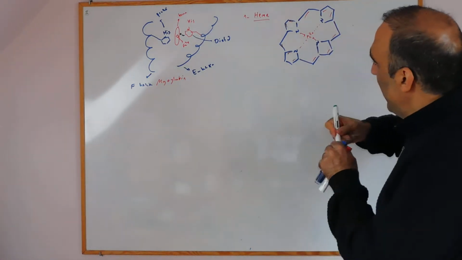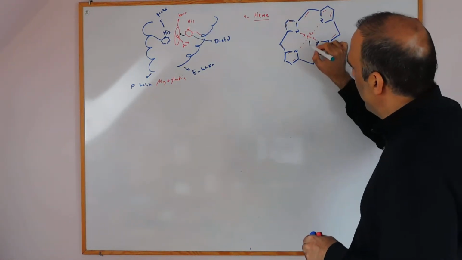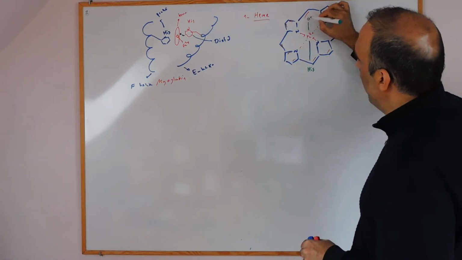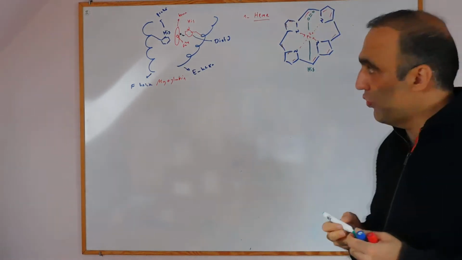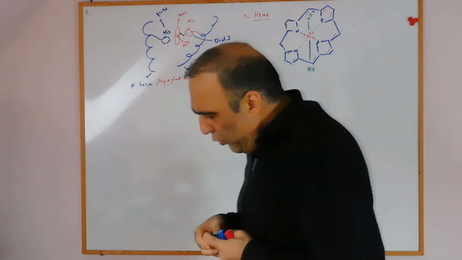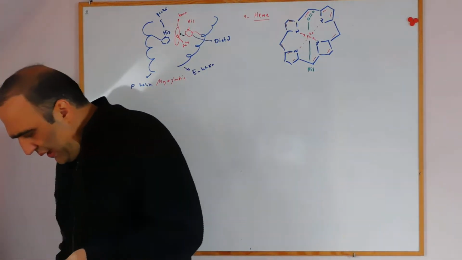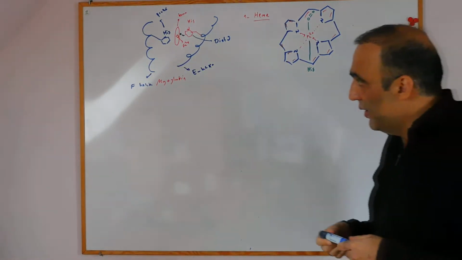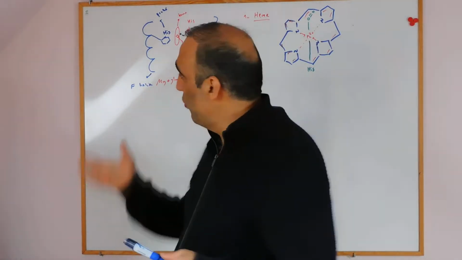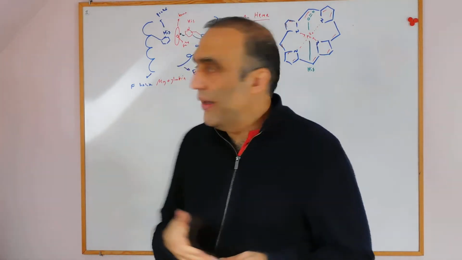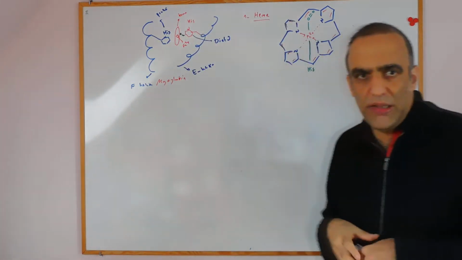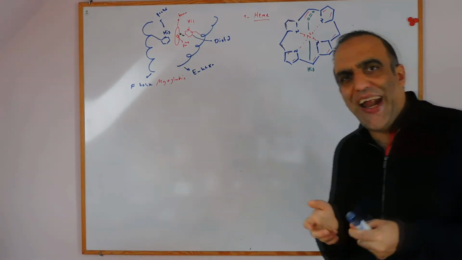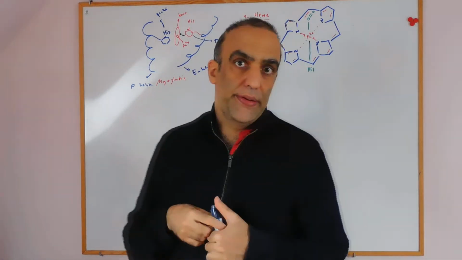Okay, so from one side the heme can bind to the histidine, and from the other side can bind to the oxygen to carry oxygen. Myoglobin we can mainly find in the muscles. As you know, hemoglobin also has a heme in its structure, but with a different shape. It is mainly the carrier of the oxygen in the blood.